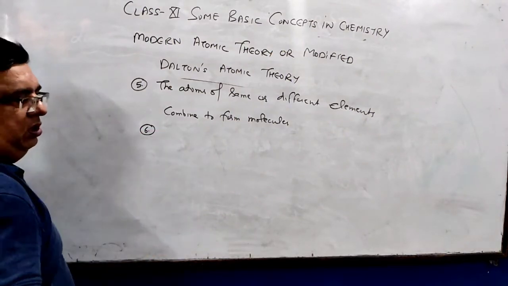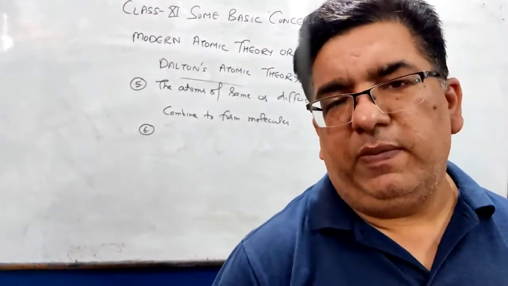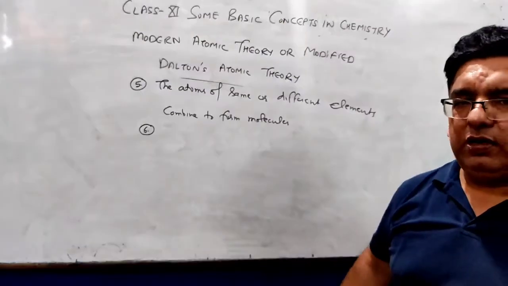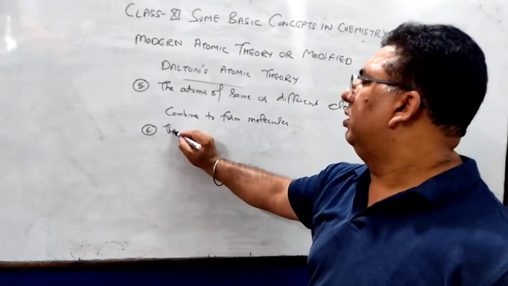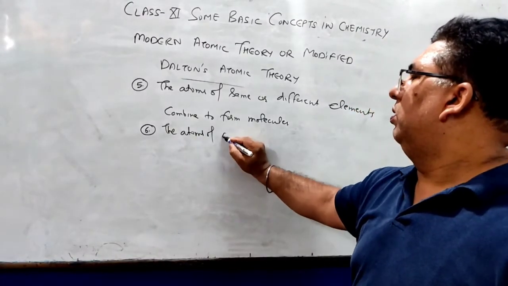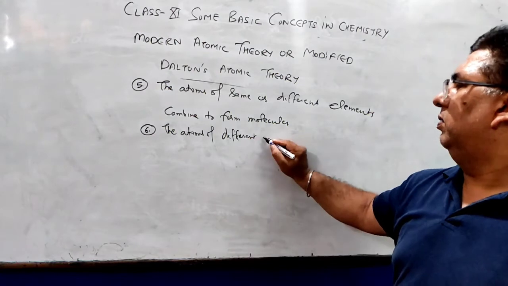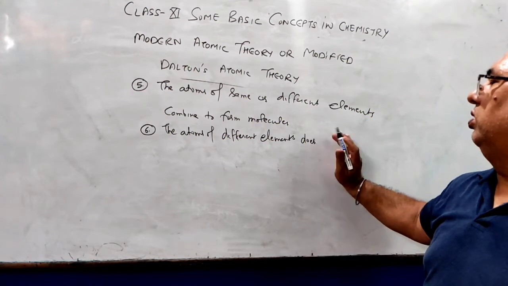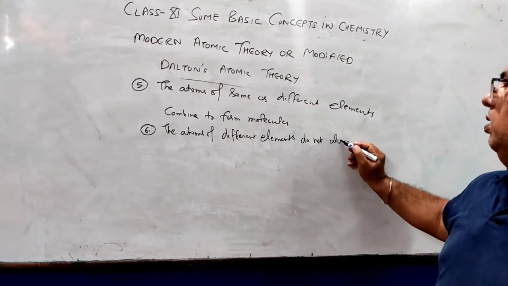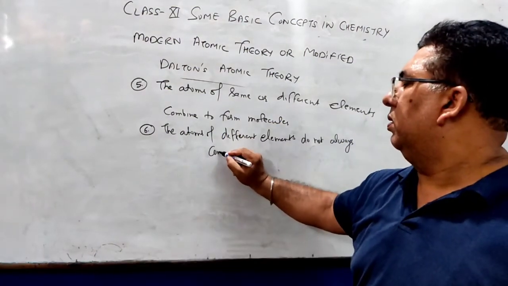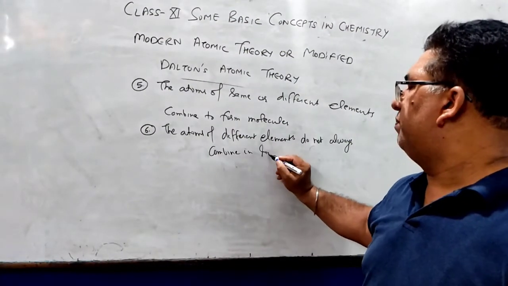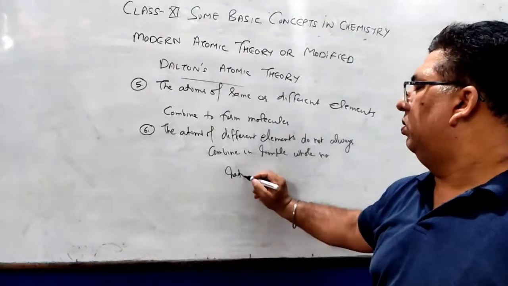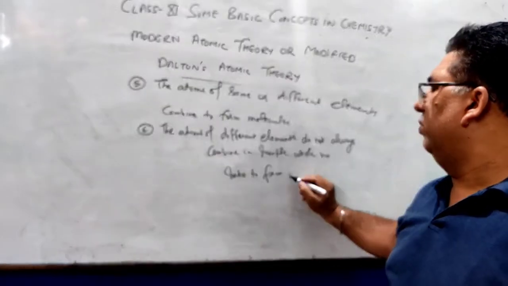Next point. Dalton said that the atoms of different elements always combine in simple whole number ratio to form molecules, but this point is modified in this theory: the atoms of different elements do not always combine in simple whole number ratio to form molecules.